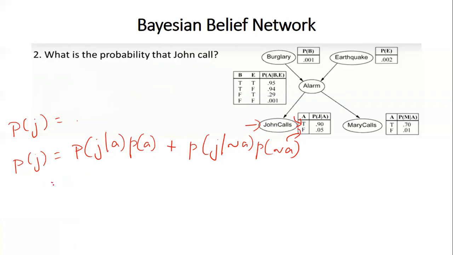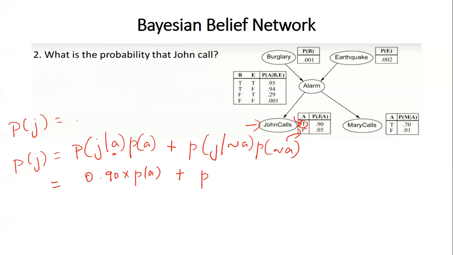Okay, now from this table we can identify what is the probability that John calls given there is an alarm. Probability of John calls given there is an alarm is true is 0.90. So this is 0.90 into probability of A, plus similarly probability of John calls when there is no alarm.